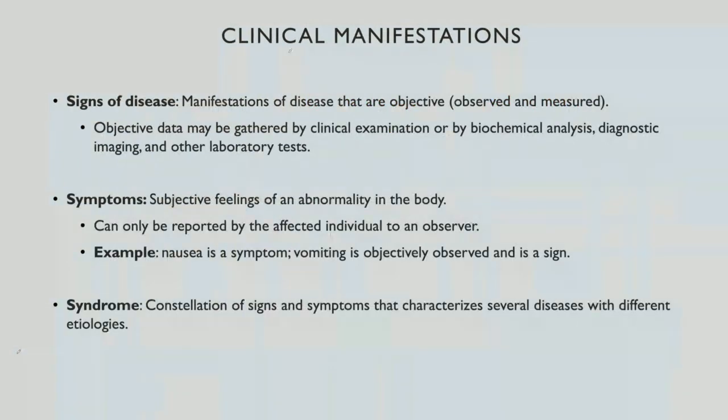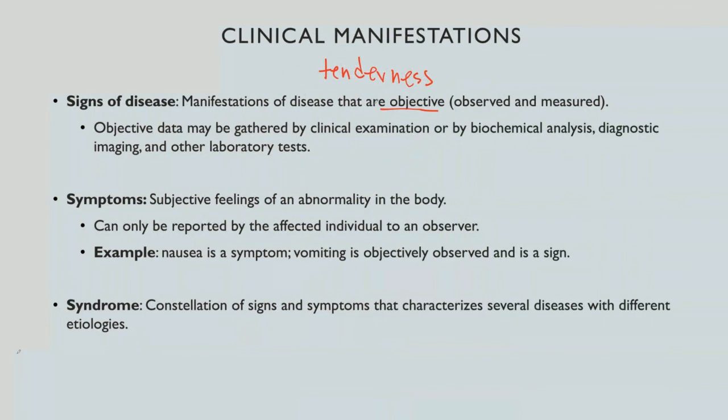And the clinical manifestations is what we know as signs and symptoms. Okay, signs, for example, are something that we can measure, we can observe, objectively measured. For example, tenderness.